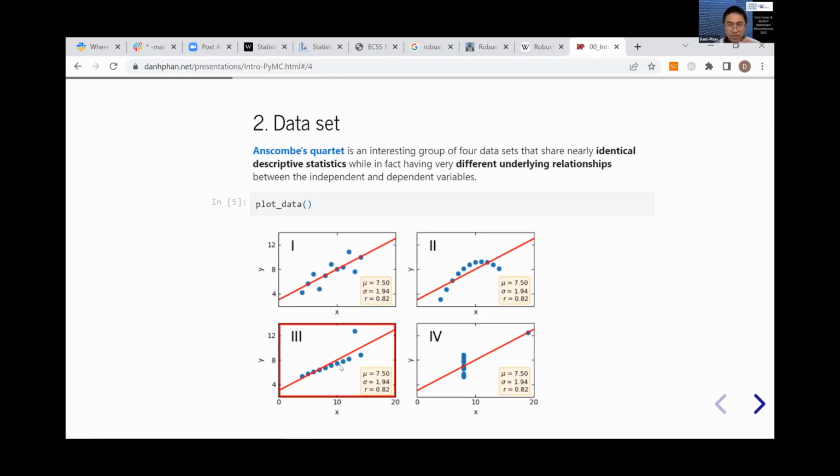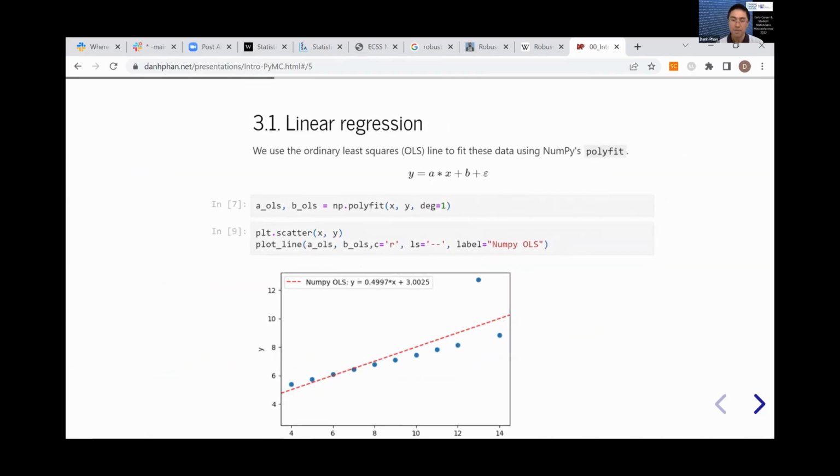The interesting data set we will look into specifically is the first one, because it has a linear relationship, but it also has some outliers. The previous presentation mentioned that data is not normal, right? Here we have a very good example: we have some outliers in our data set. So let's go to that data set.